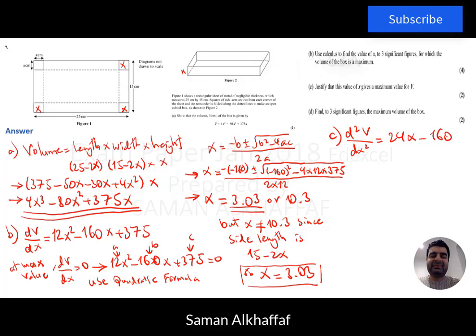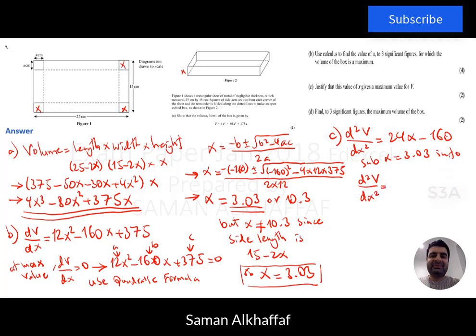So now we plug in the value, we sub x equal to 3.03 into d squared V over dx squared.